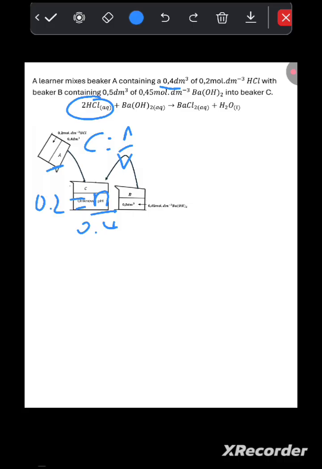If we multiply them, what do we get? So n is equal to 0.08 mole.